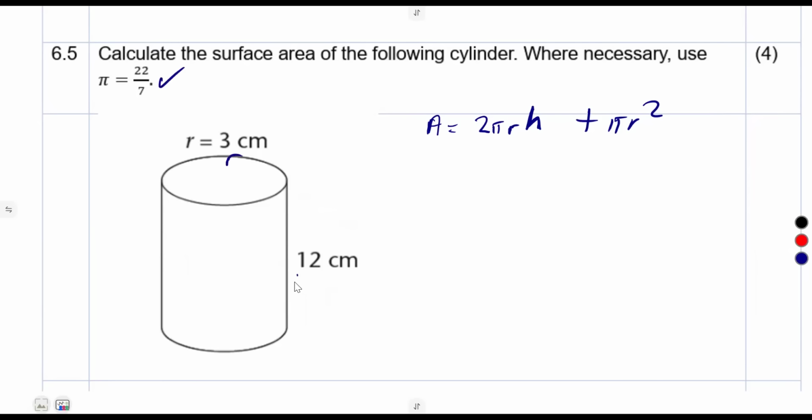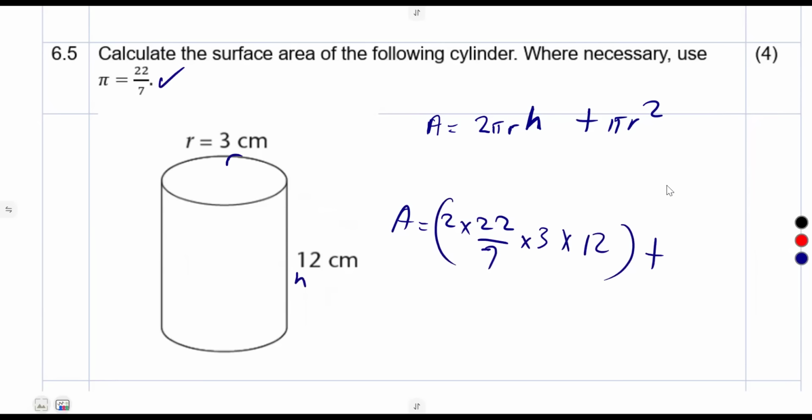We've got the radius, we've got our height. So let's just substitute 2 times 22 over 7 for pi times the radius, which is 3, times our height, which is 12, plus pi r squared, 22 over 7 times 3 squared. All right, so that's it. You're going to have our area.